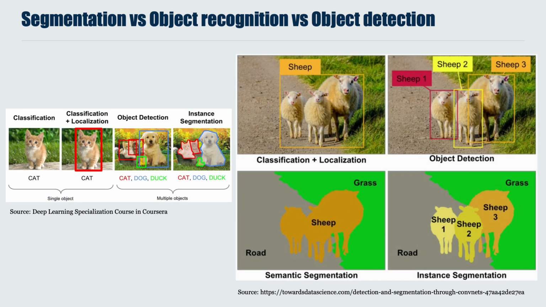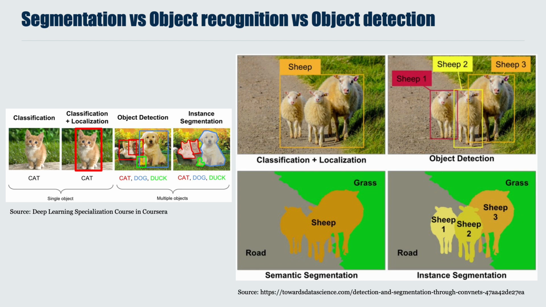So here you have a typical example in images of what segmentation versus object recognition versus object detection is. On the left-hand side you see, for instance, a classification task where there is a cat in this image, but you don't know where the cat is.